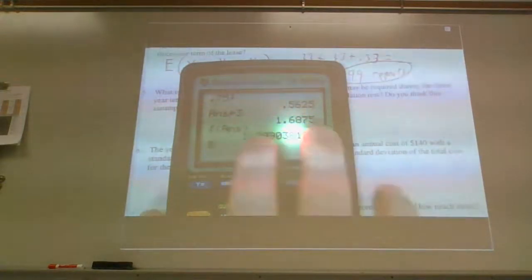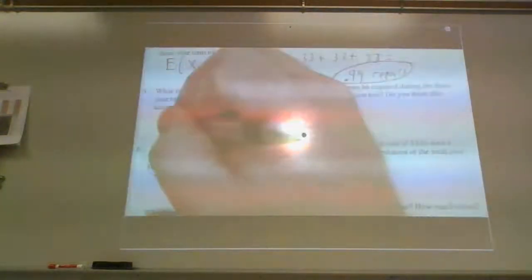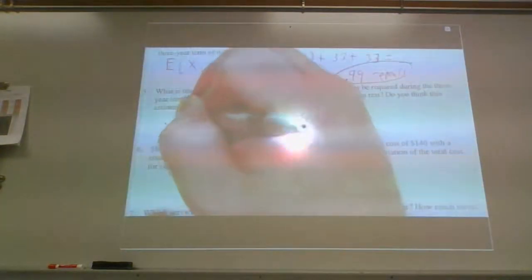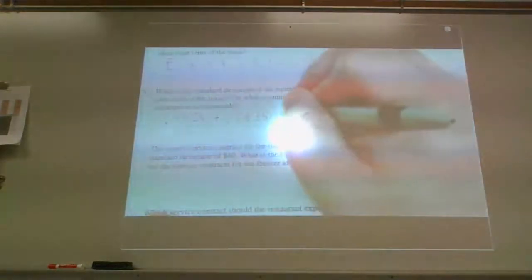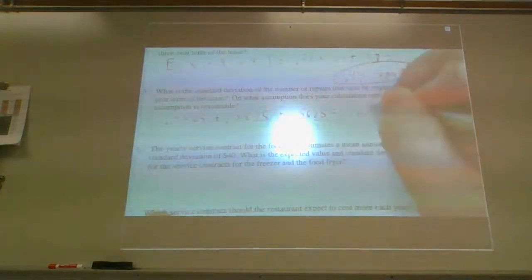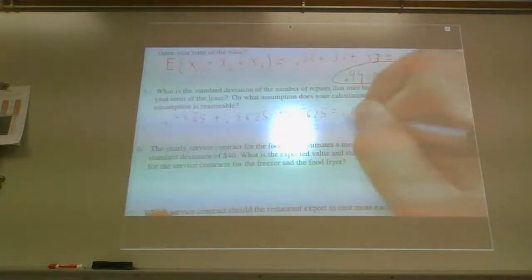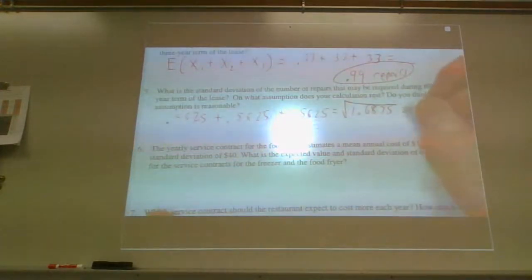So let me write some of this stuff down. I would have to convert it to variance, which is 0.5625. I would have to add it together 3 times. That gets you 1.6875. I thought they come in 3s.